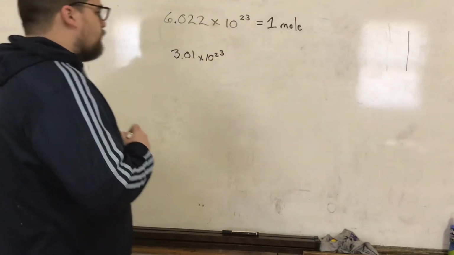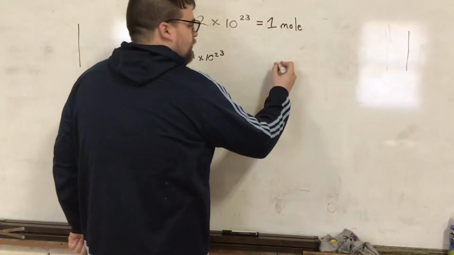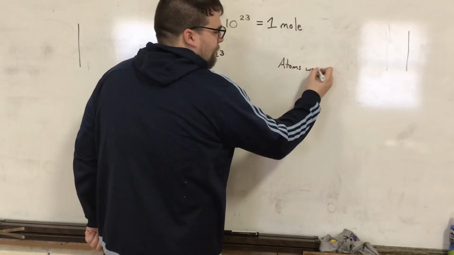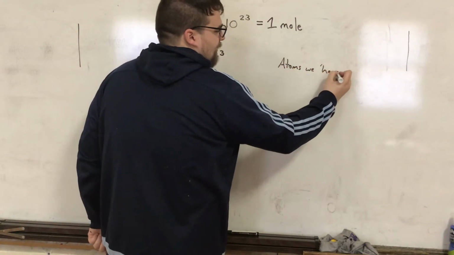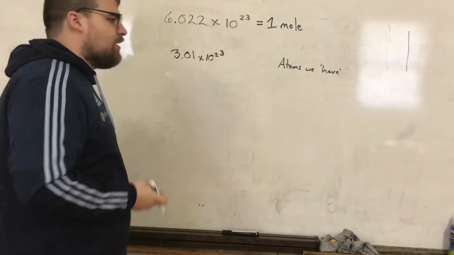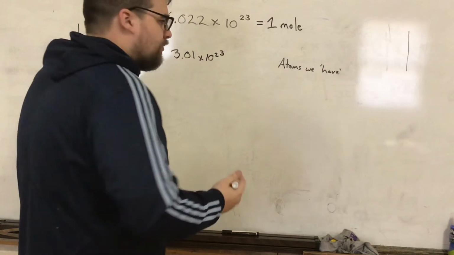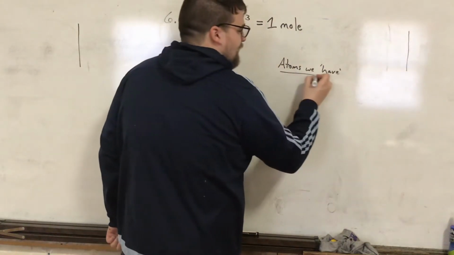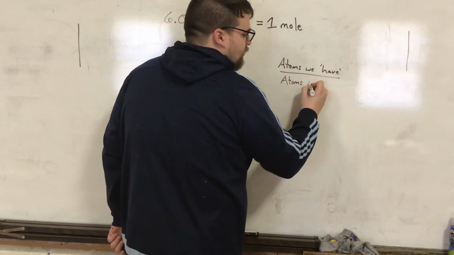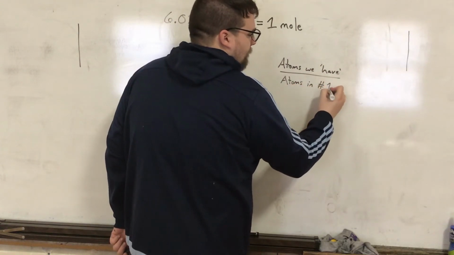What we're going to do is write the atoms we have. And I'm going to put have in quotation marks, because we don't really have the atoms, but that's how many atoms we're working with. And we are going to divide it by the number of atoms in 1 mole.